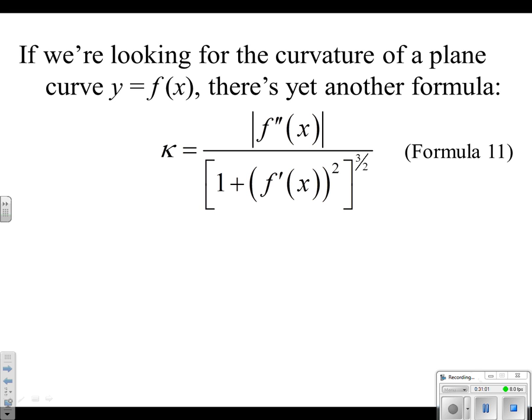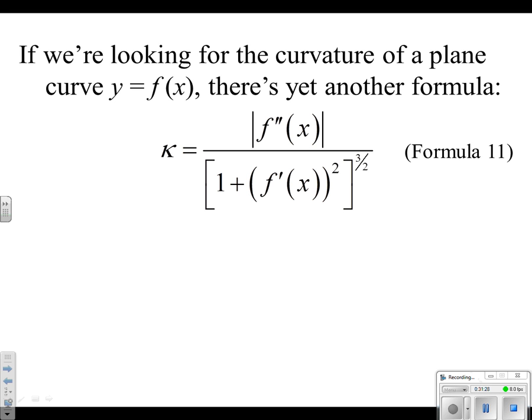Formula 11 says that kappa is equal to, on the top there, that is absolute value, not magnitude, because f double prime is just a scalar. So it doesn't make sense to take the magnitude. So it's the absolute value of f double prime of x on top, and then all that stuff to the 3/2 power on the bottom.